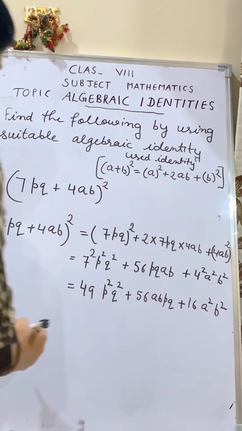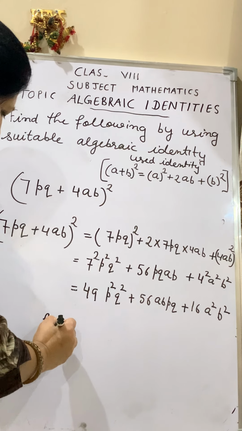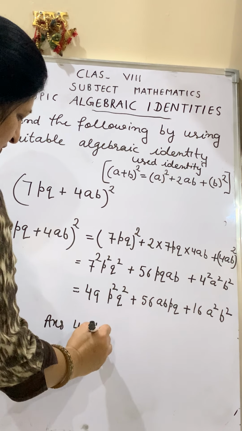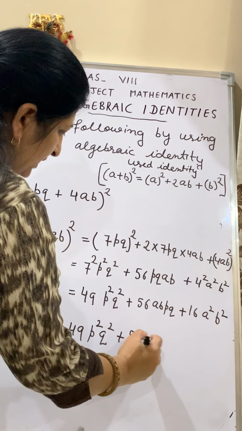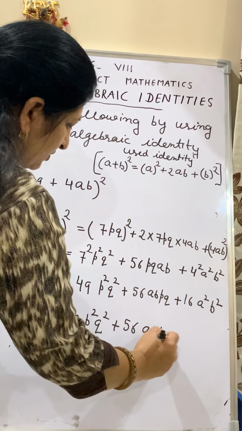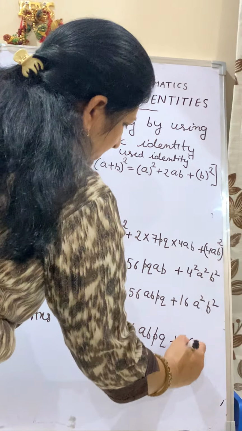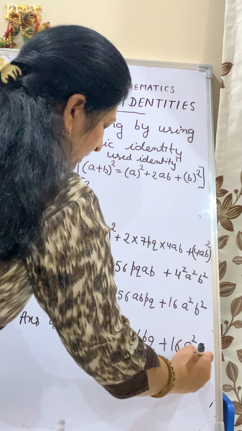It is the answer: 49p²q² + 56abpq + 16a²b².